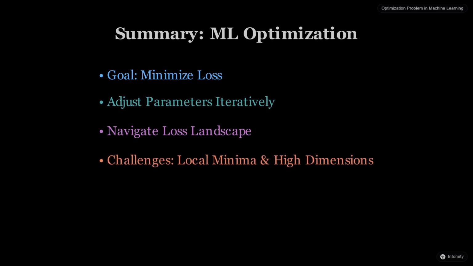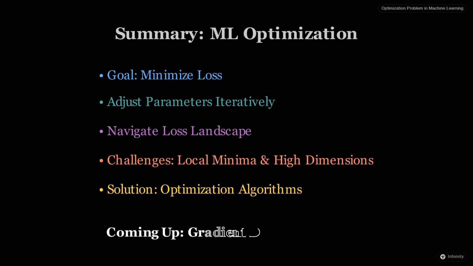The main challenges include the vastness of this landscape, the risk of getting stuck in local minima, and choosing an appropriate step size. Fortunately, a suite of clever optimization algorithms exists to help us intelligently traverse these landscapes. In our next videos, we will dive into some of these specific algorithms, exploring how they work and the unique strategies they employ to guide our models to better performance.